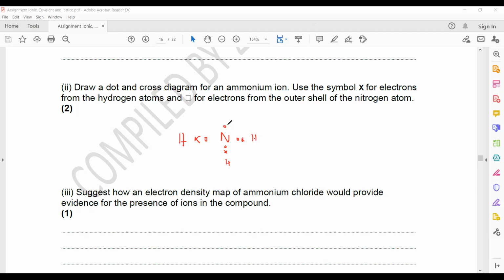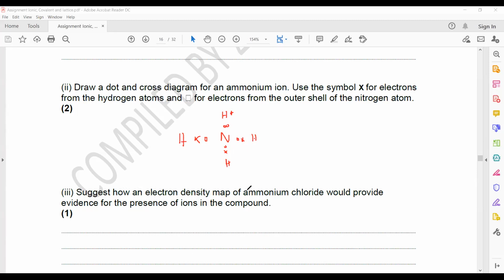And there's a lone pair. The hydrogen ion is attracted, so there will be a positive ion. This is a dative bond.